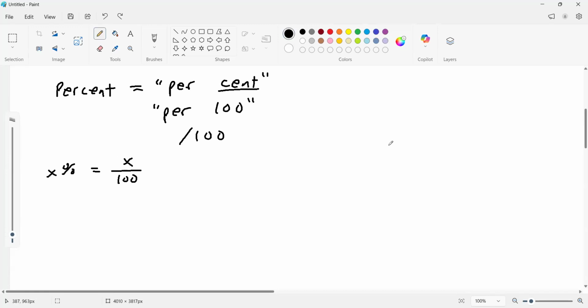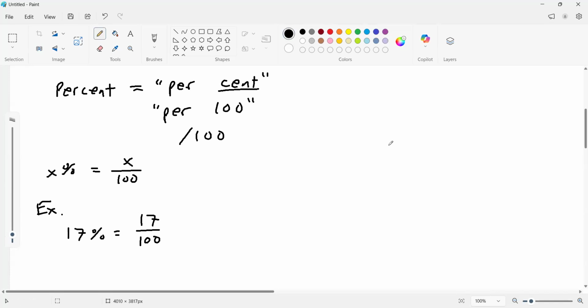And even further, we know that we can convert this to a decimal, right? Obviously, I can't do it with just a general, but let's do an example. So here's how we can get back and forth between these representations. 17%. Really, what is that? Well, 17% means 17 per 100.